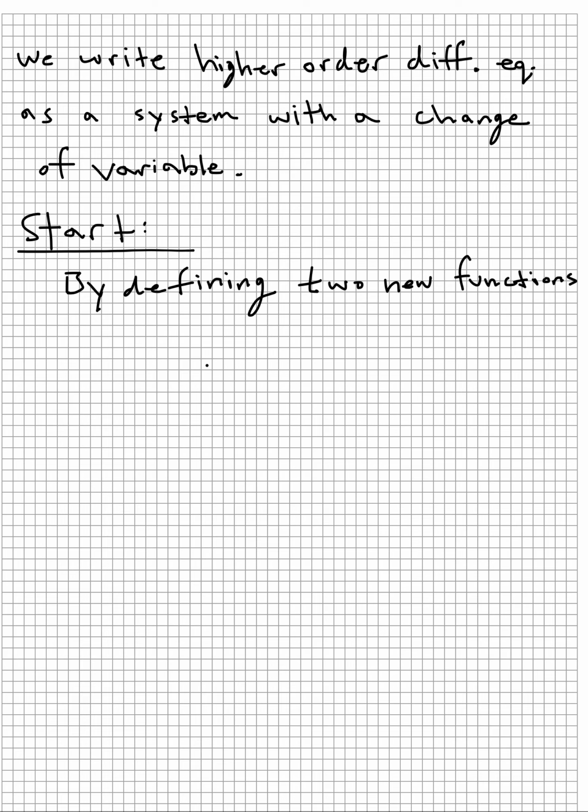Okay, and so the first function is going to be x sub 1 of t, okay, will equal y of t, all right, and x sub 2 of t is going to equal y prime of t. So you can see how those come about.